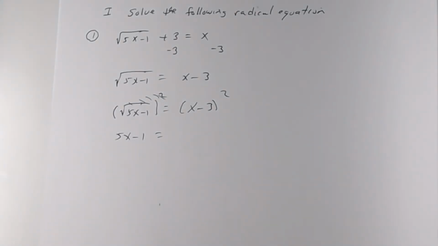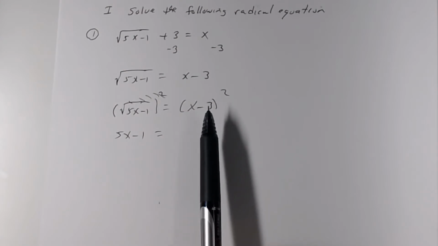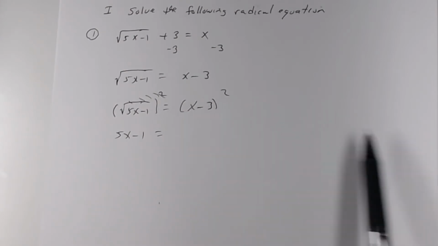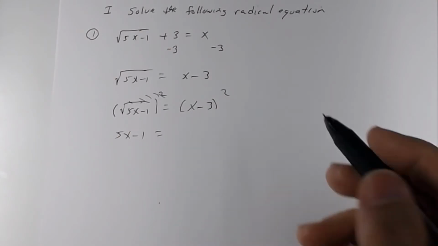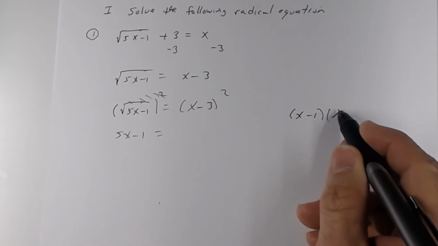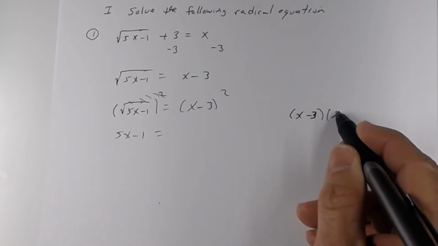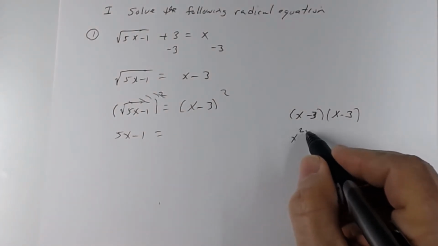Now, some of you can in your mind go ahead and square this binomial, but you have to be careful. Others of you may have to write it out. Then write it out, but you don't have to show this work that I'm about to do. So you would say x minus 3 times what? x minus 3. And then you FOIL it out. So I get x squared. What's the outer?